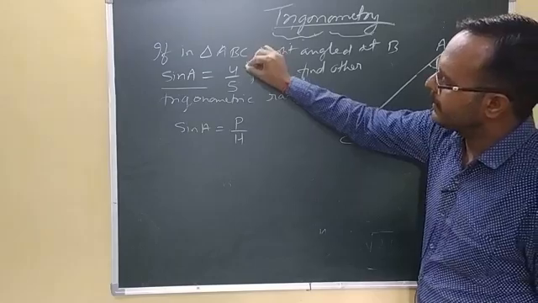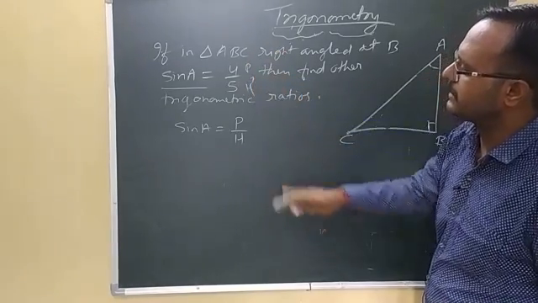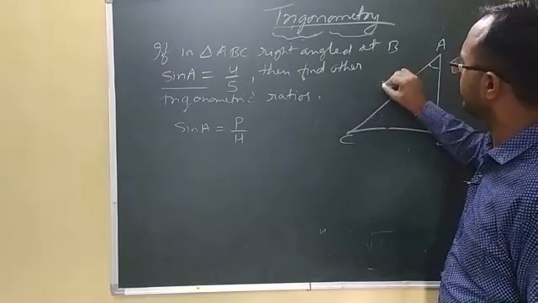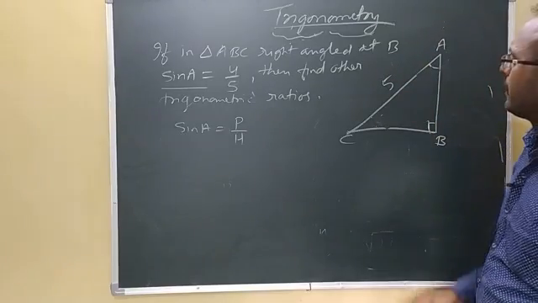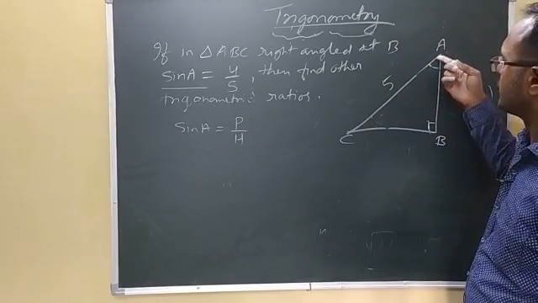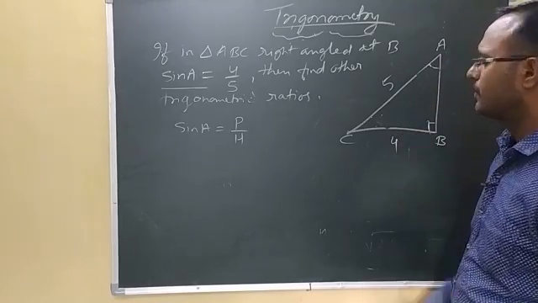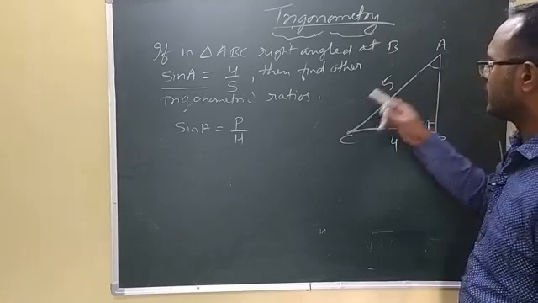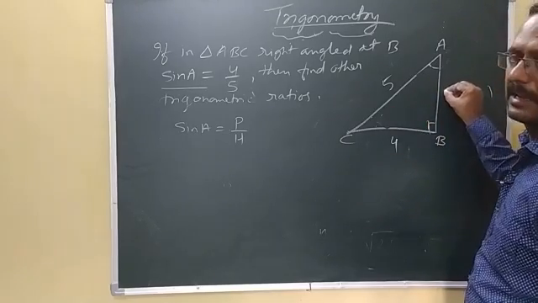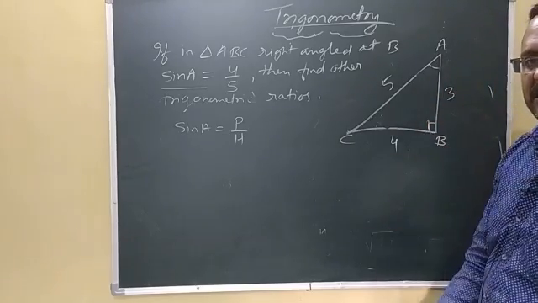Here this will be P and this will be the H, hypotenuse. So the hypotenuse will be 5, and the side opposite to angle A, BC, will be 4. Now by Pythagoras theorem again you can find this side, and this side will be coming out as 3.